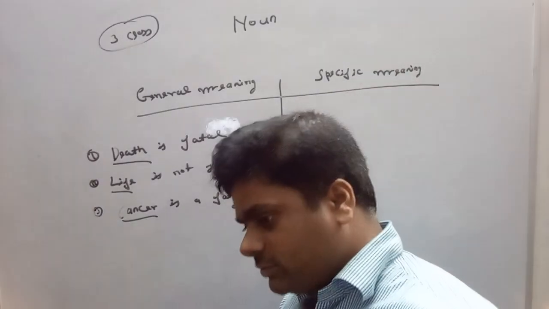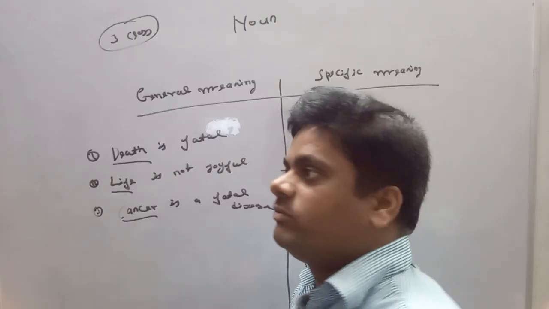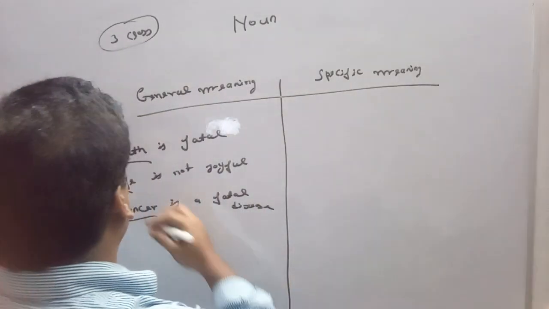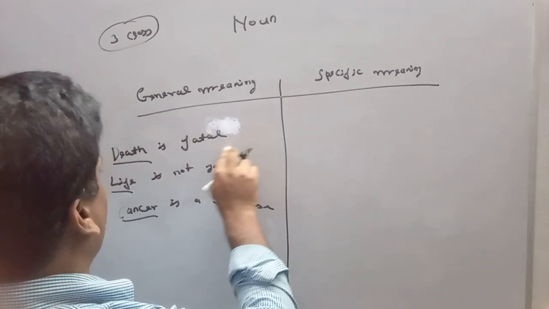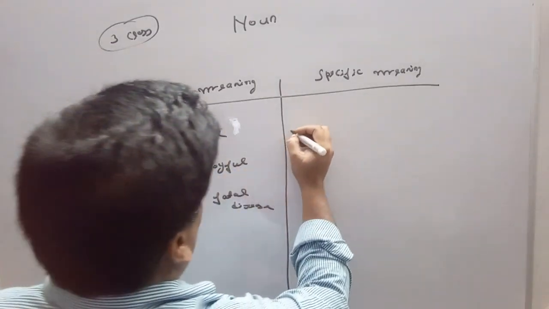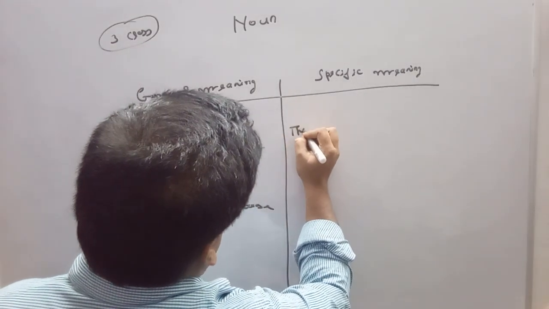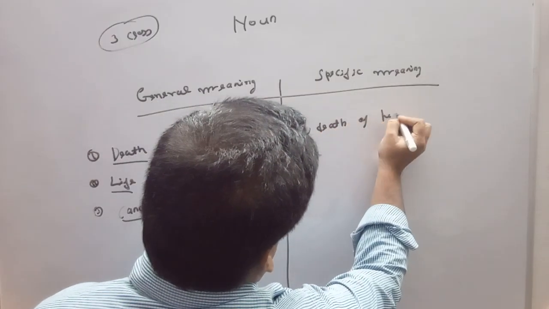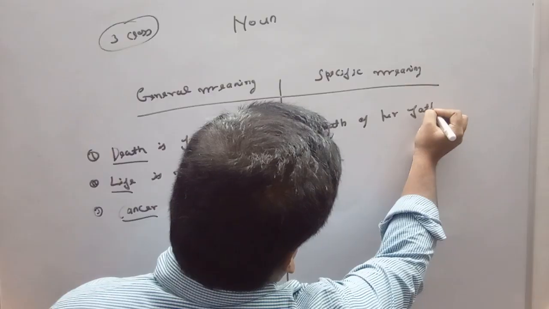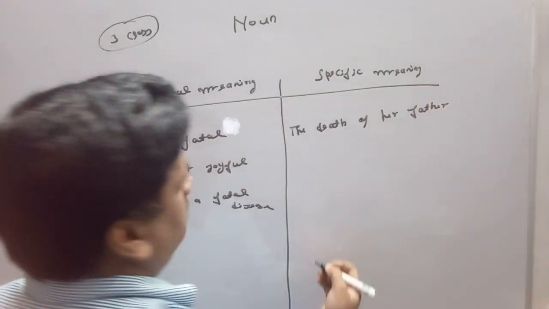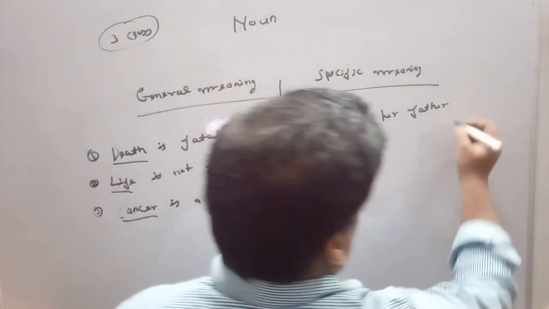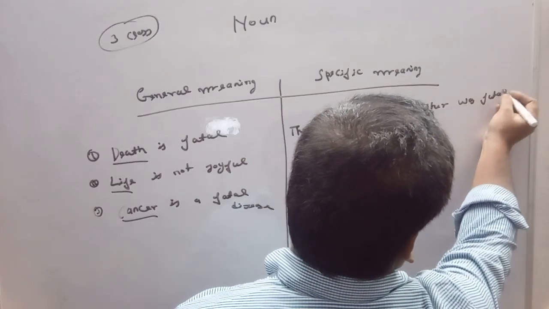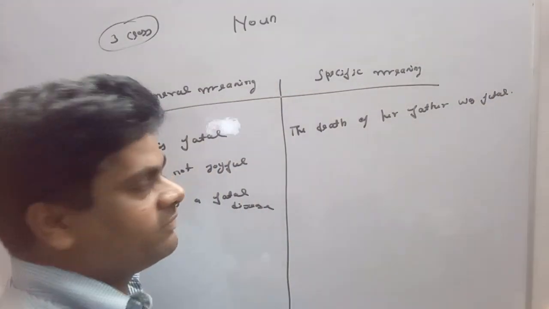And in case of a specific meaning, here we would write down some other sentences. Death is fatal. The death of her father was fatal.